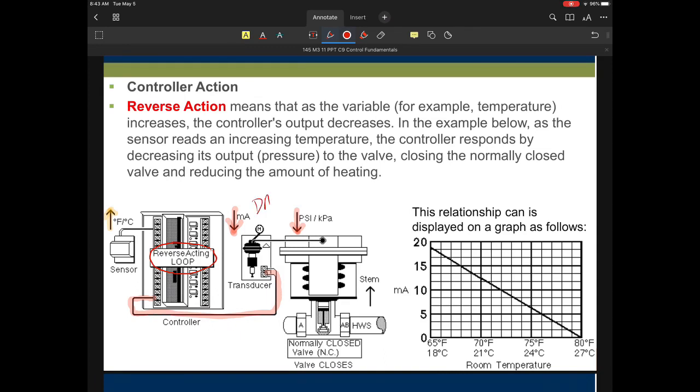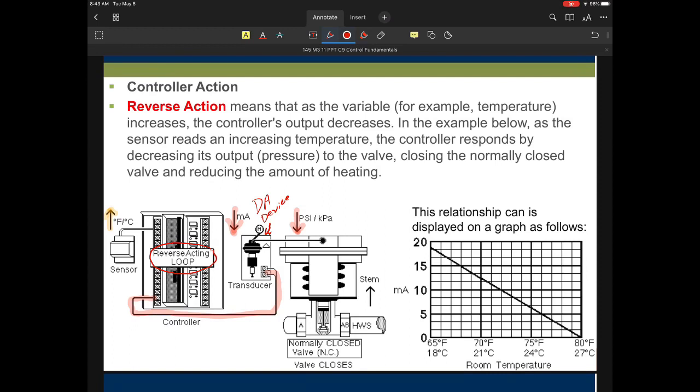Now, one thing I want to point out here is we have a situation where the controller has a reverse acting loop, and it's actually controlling a device that is a direct acting device, is the way that it's set up. Now, this direct acting device basically is a system where whatever you provide for the input, if you provide more input, it provides more output.